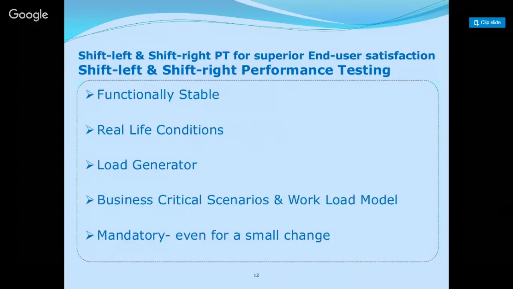Or think about the environment perspective. Sometimes the login button is working, sometimes it's not. That means your load balancer is not working, so maybe it goes to one server where it is working, but if it goes to the second server, that is not working. So you have to ensure your application is functionally stable, both in terms of environment as well as application. That way you can start performance testing.